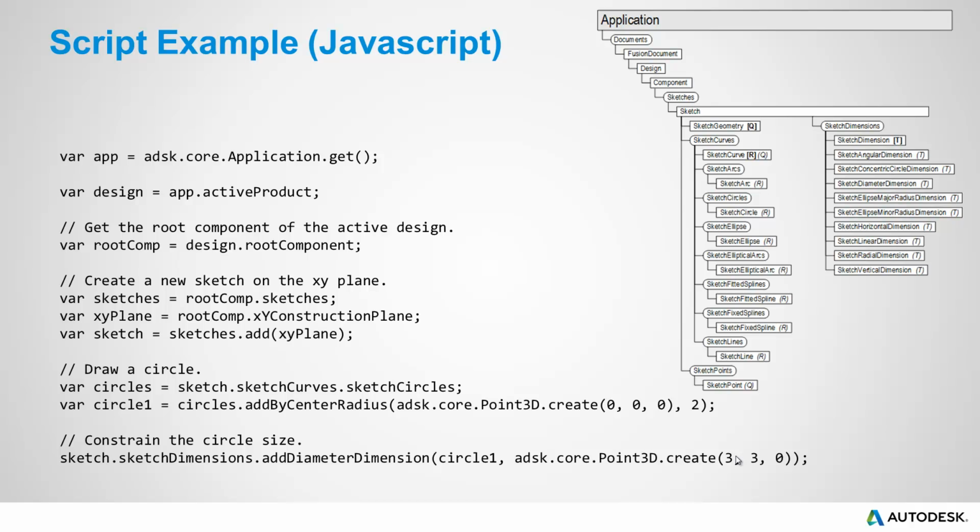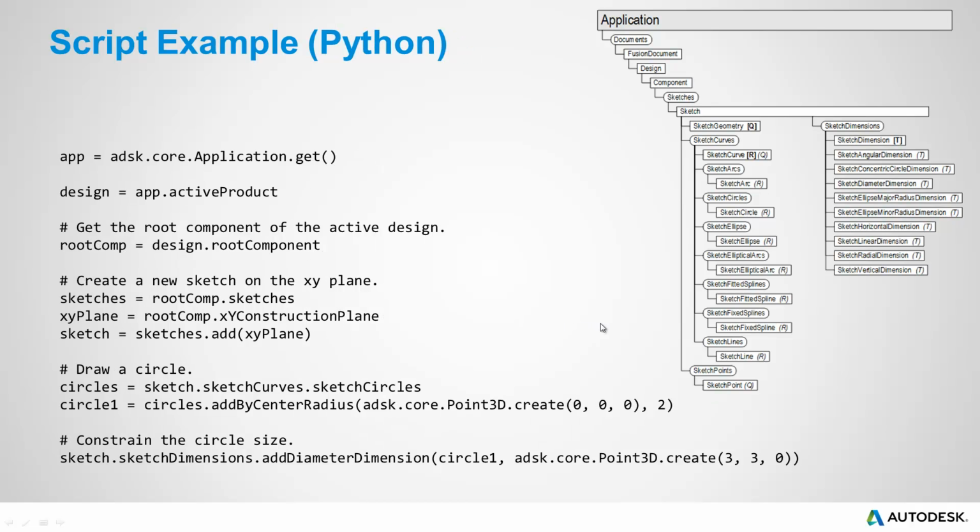So that's this program to draw a circle and add a dimension constraint to it in JavaScript. And here's the same code in Python, or code that does the same thing in Python. You can see it's doing exactly the same thing. The syntax is a little different: how I define a comment, there are no semicolons at the end, and I don't have var where I'm declaring variables.